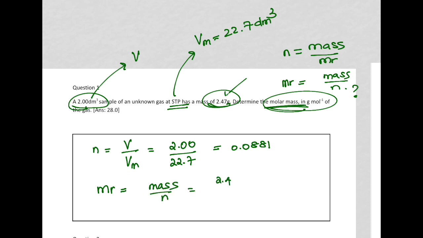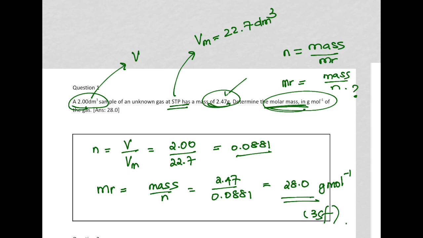So 2.47 divided by, I'm going to take my calculator value here because this is my final answer, not this. And I have 28.0 gram per mole. And I'm giving my answer to 3 SF because this is to 3 SF and this is to 3 SF.